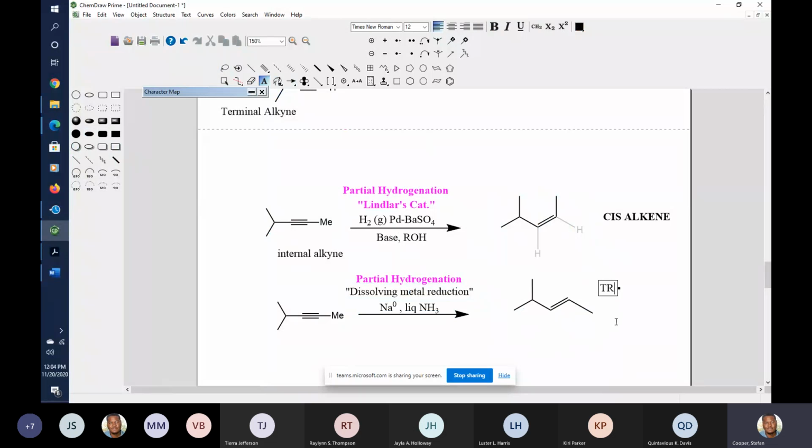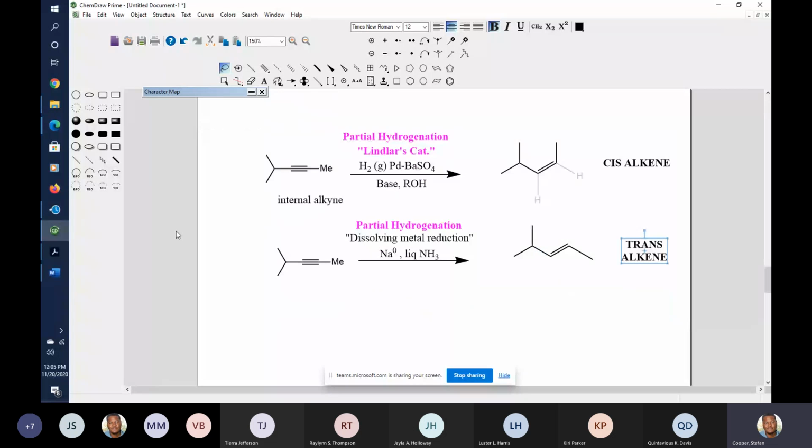So I get a trans alkene, all right? So it's very important for us to recognize the significance of these two synthetic procedures. Lindlar's catalyst will give us the cis alkene, all right? And the dissolving metal reduction will give us a trans alkene, all right?